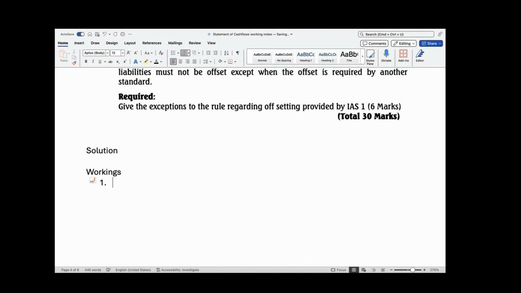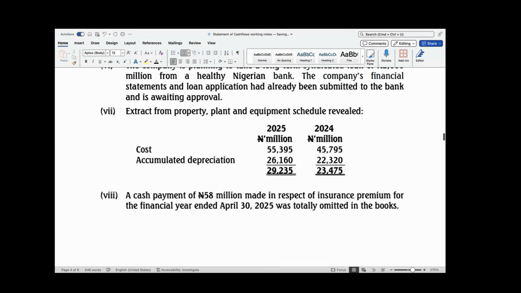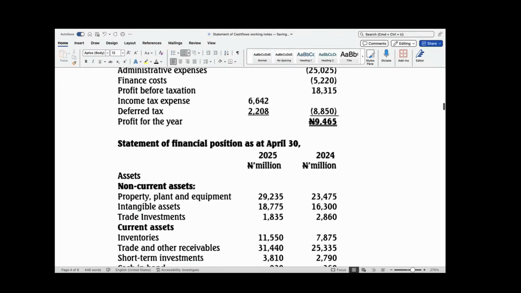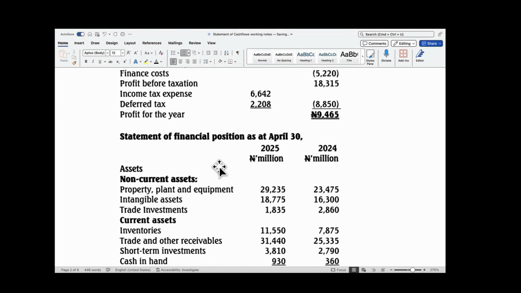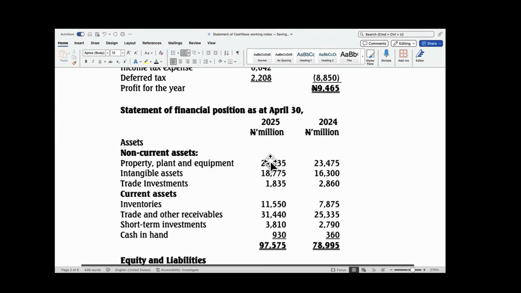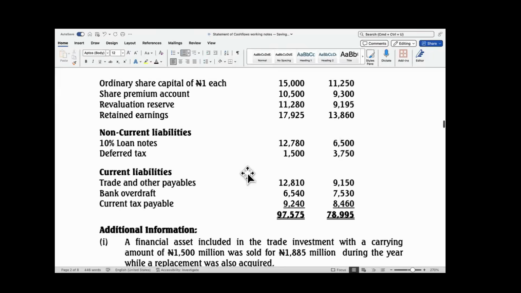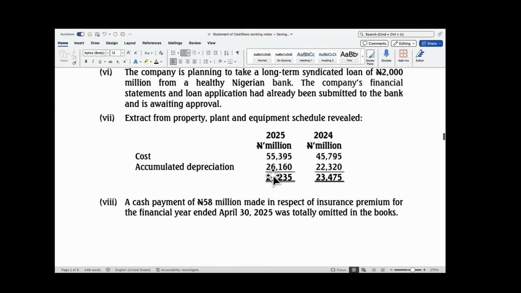And that's all. So always start with your workings and have an approach. Pick up the movements. Just look at the movements. Like my PPE now, 29,235 and 23,475. And good enough, the examiner gave us the breakdown of this 29,235 and 23,475. If they hadn't given me the breakdown, it might be a little difficult for me.